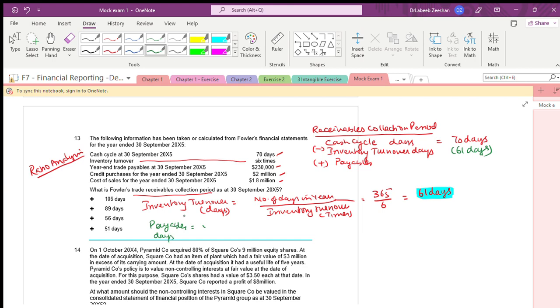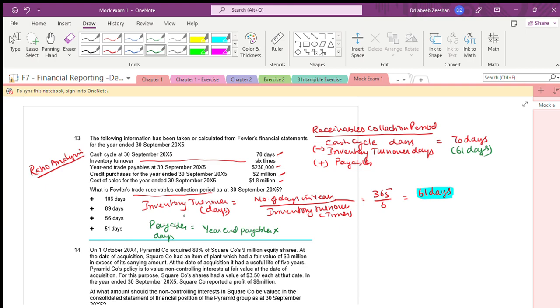Payable days is nothing but year-end payables times the number of days, divided by credit purchases.